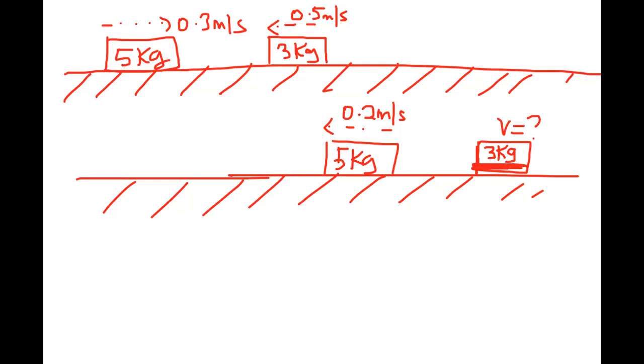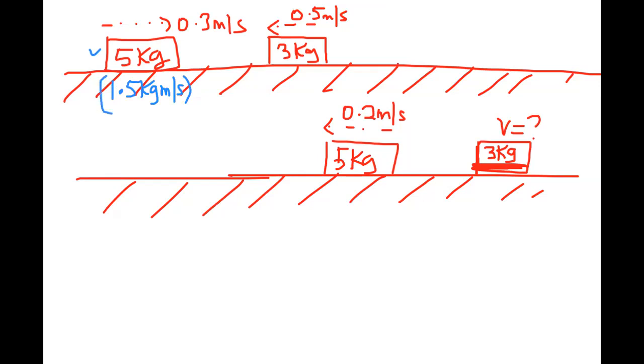Momentum for the 5 kilogram crate will be 5 kilograms times 0.3, which is 1.5 kilograms meters per second.